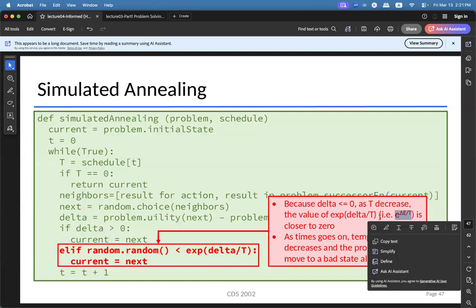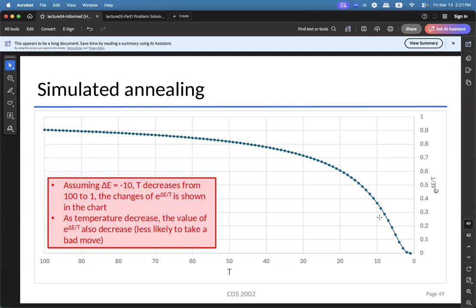As you can see in this diagram, as T decreases, the probability threshold will also decrease. As the probability threshold decreases, the chances of making a bad move will also decrease as the temperature decreases.